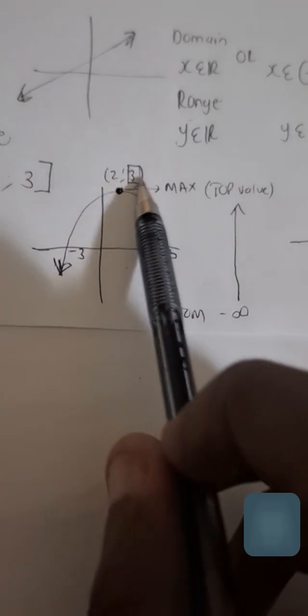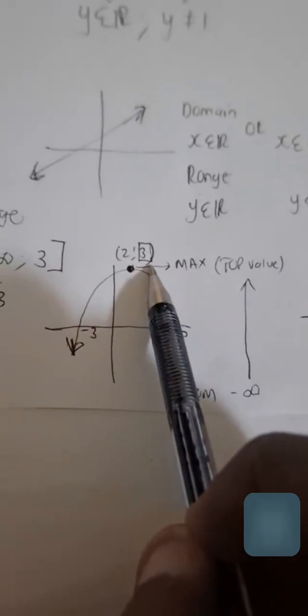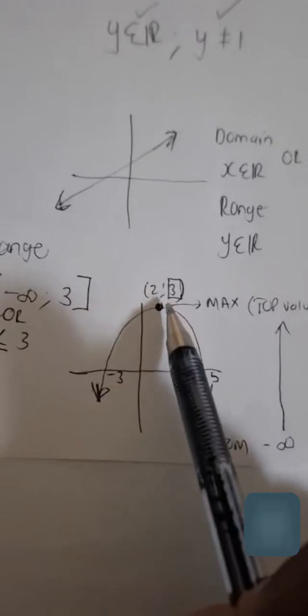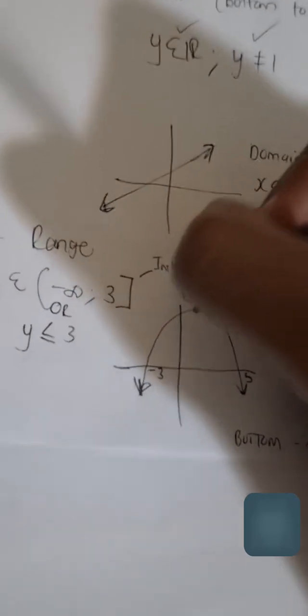We are going to 3. But we don't just go to 3, we actually arrive at 3. So therefore, we need to include 3. The square brackets mean including the value of 3 in the range.